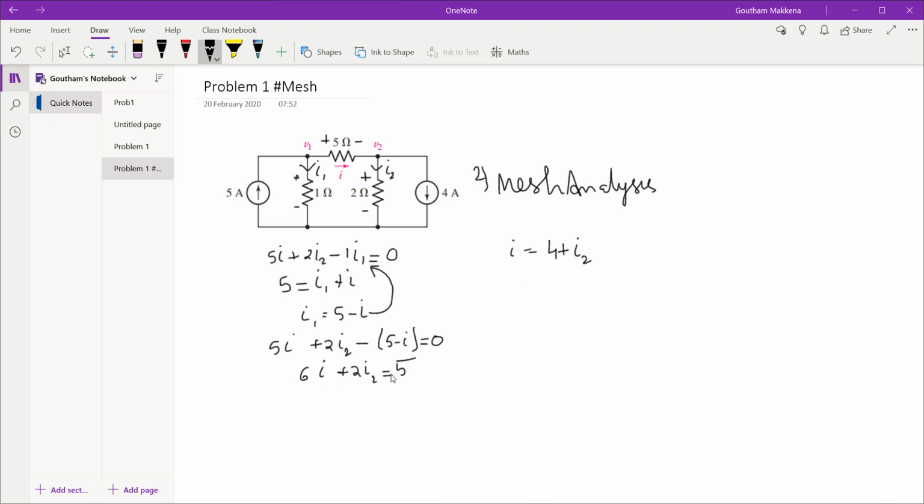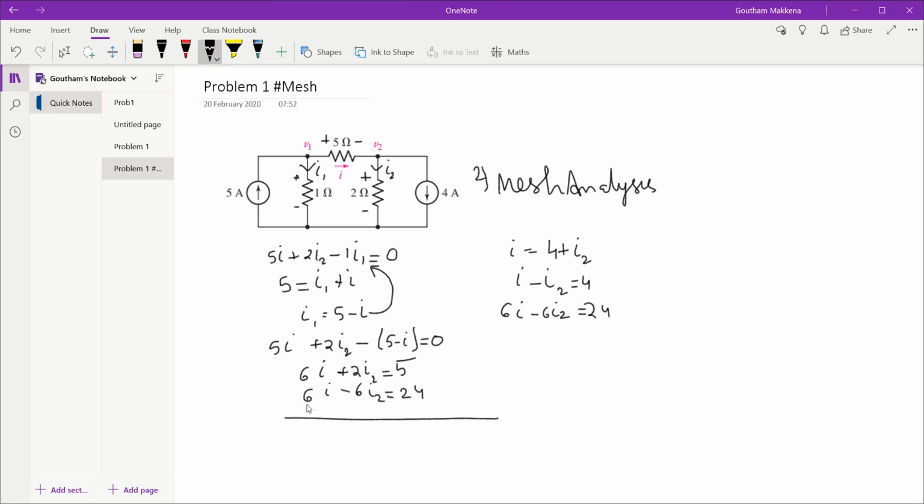I solve for these two, and I'll get the values for I and I2. I rearrange this and get I minus I2 is equal to 4. If I multiply this by 6 on both sides, what I have is 6I minus 6I2 is equal to 24.